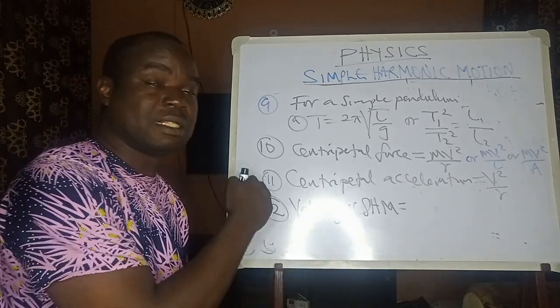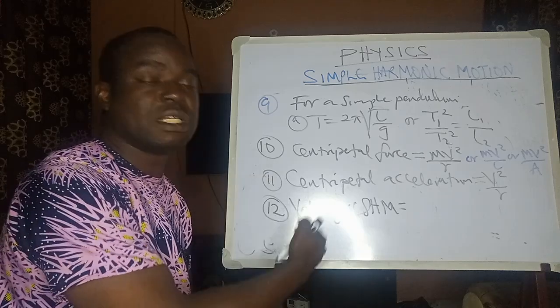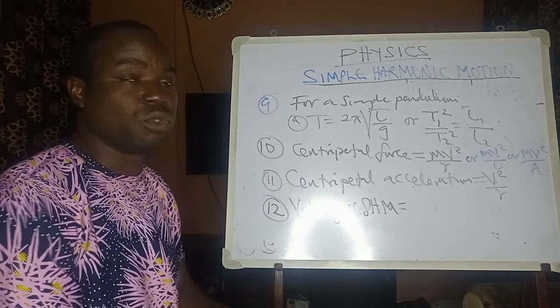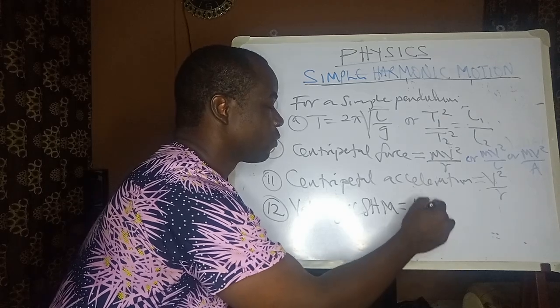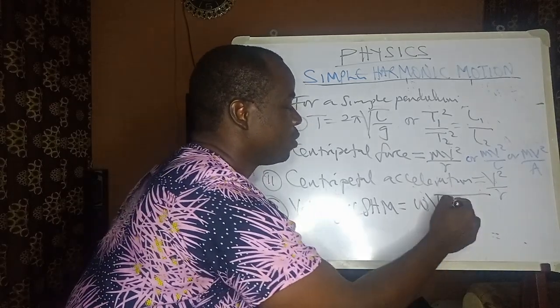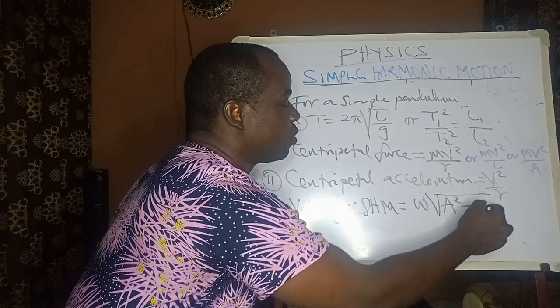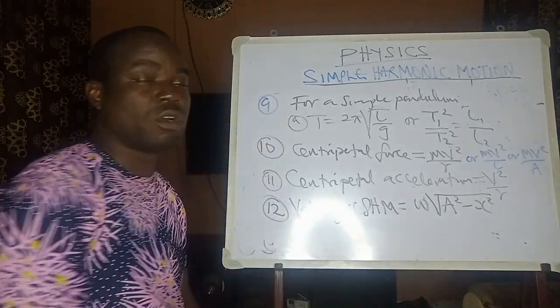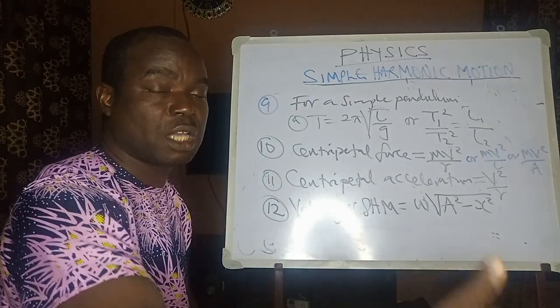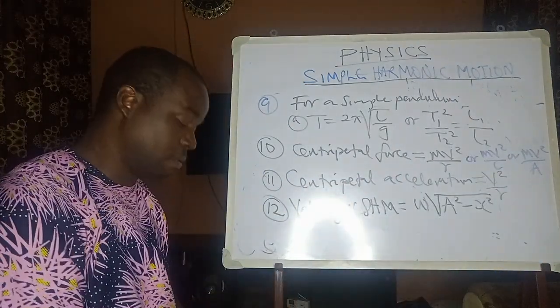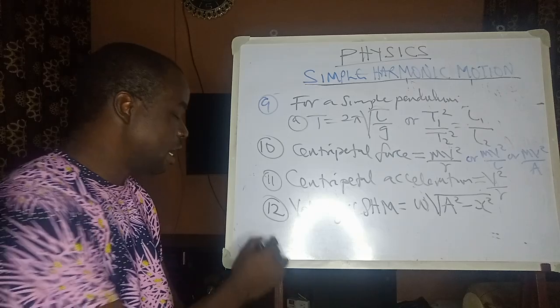But you can interchangeably use them. Now, the formula is omega square root of a squared minus s squared. Take note of this. I will be explaining how to use them in our calculation section of this video.